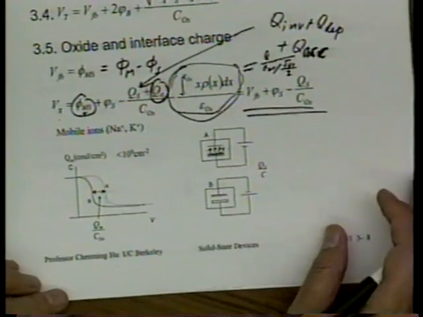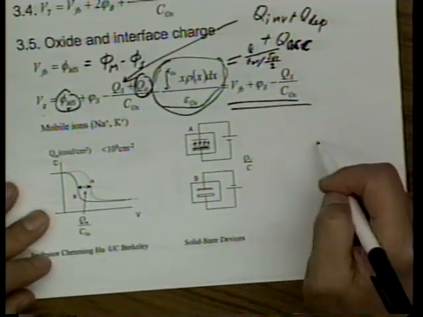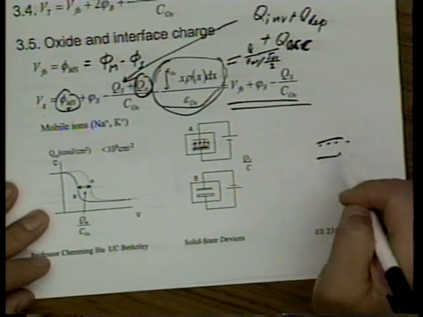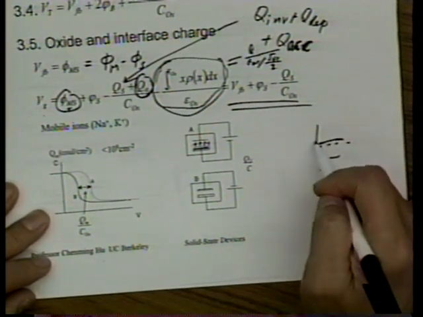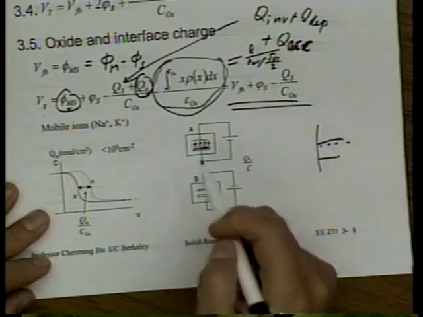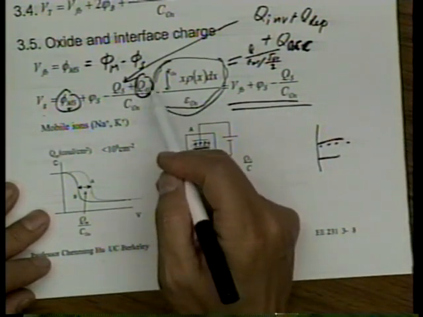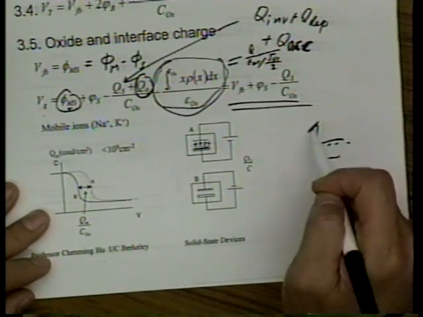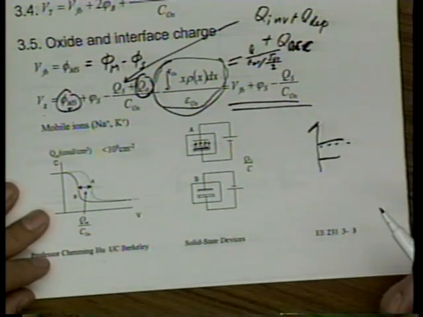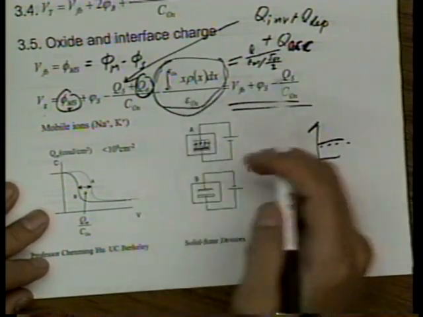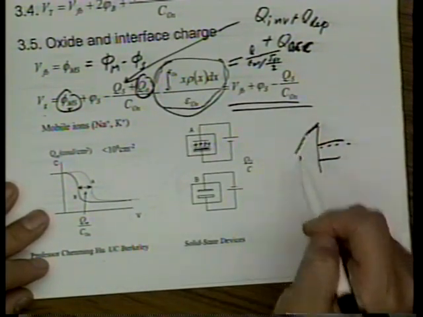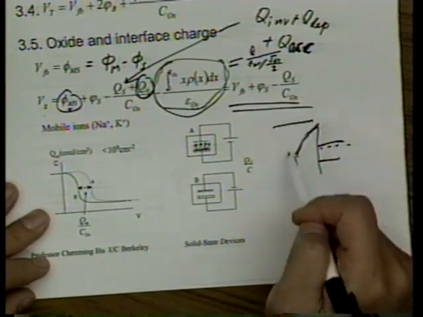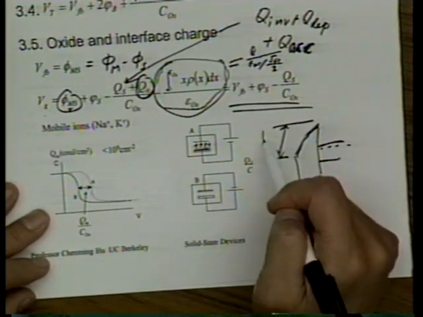An easier interpretation is the following: suppose the band truly is flat, there's no Qs at all, but because of Q inversion, or rather because of Q interface trap, we do have some charge here. So the electric field in the oxide cannot be zero, right? And because of the charge inside the oxide, there's also an increase in electric field inside the oxide. As a result, we end up with a non-zero Vox.